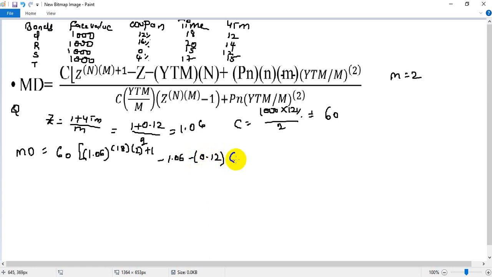N is again 18 years, plus PN, which is nothing but your face value. So 1000 into 18 number of years into M again 2. YTM is 0.12 divided by M, 2 again, the whole square.